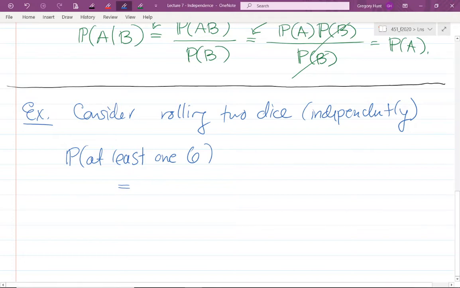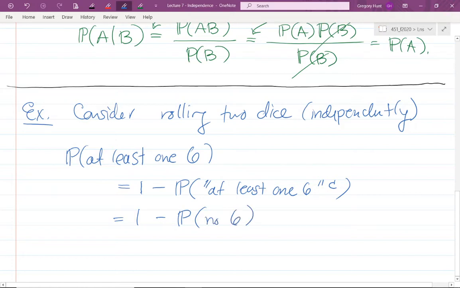So we could say this is equal to 1 minus the probability of, let's abuse notation and say, at least one 6 complement. Well, what is the complement of at least one 6? That is no 6s.